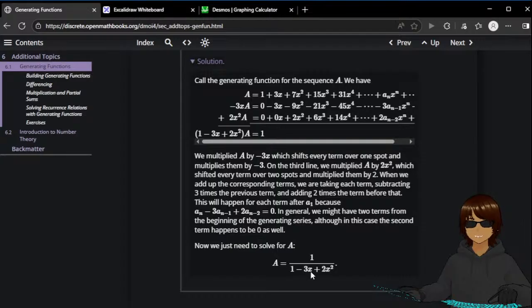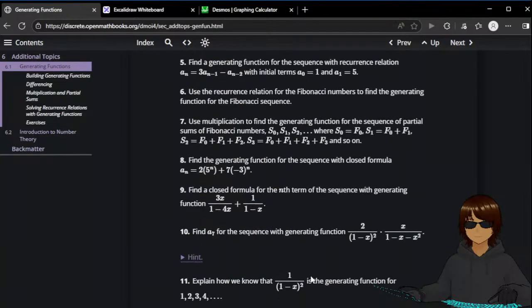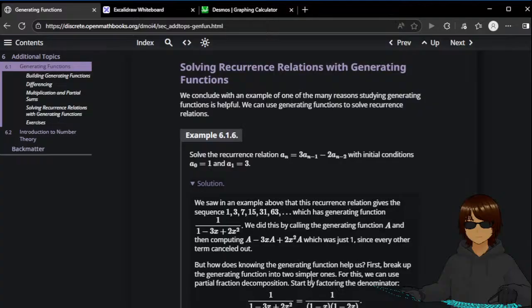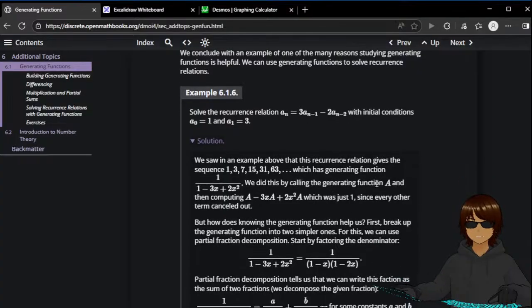So this is the generating function. We did this by calling the generating function A and then computing A minus 3xA plus 2x squared A, which is just 1, since every other term cancels out.